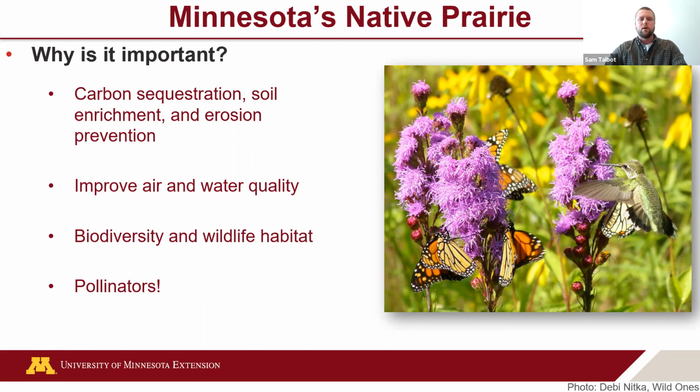While the rest are specialists, so they're going to be going after the pollen and nectar from a specific genus or species of plant. And then, if that bee is removed from the ecosystem, the plant can't reproduce as well. And if that plant is removed, then the bee goes away. So we want to do everything we can to provide a diverse selection of pollen and nectar sources through these native plants throughout the landscape.